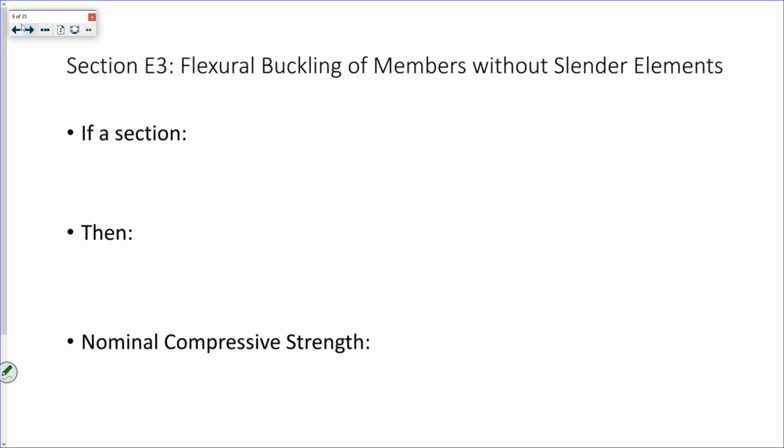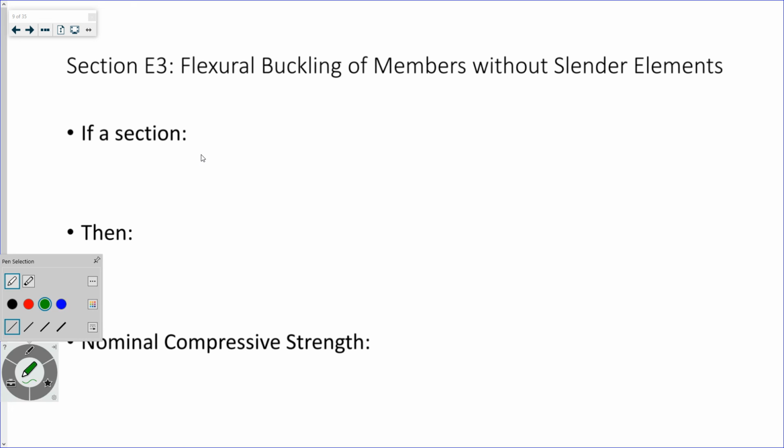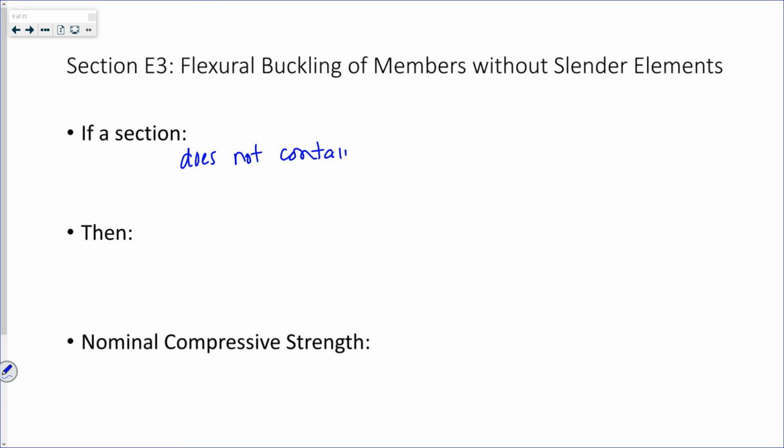If a section does not contain slender elements, that means we don't have to account for local buckling, right?